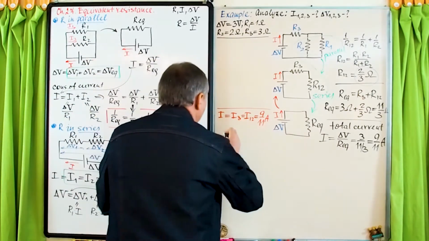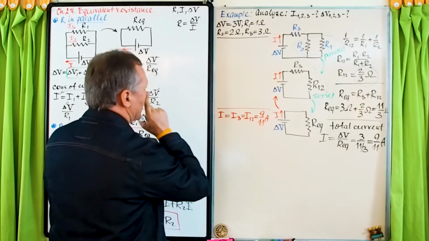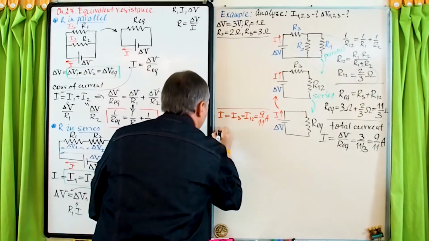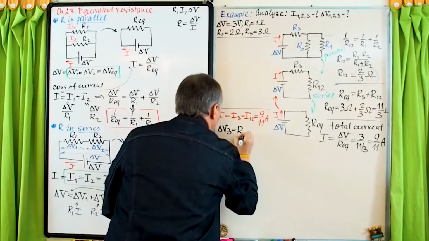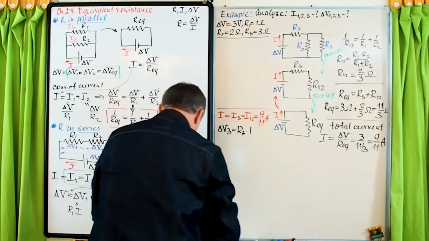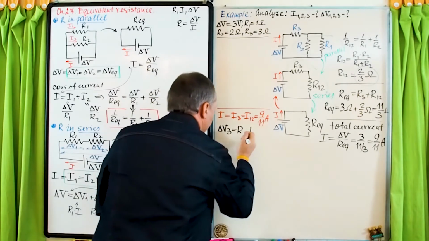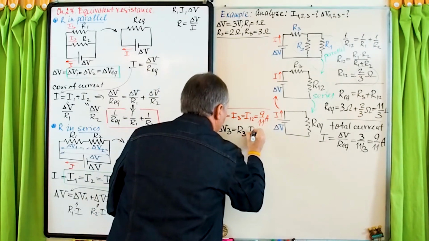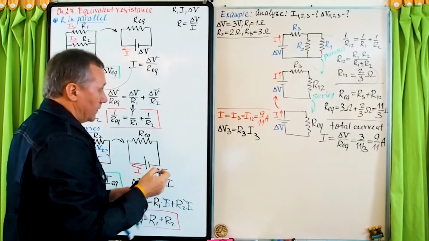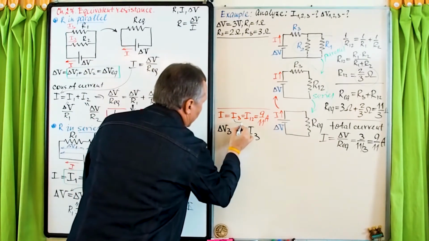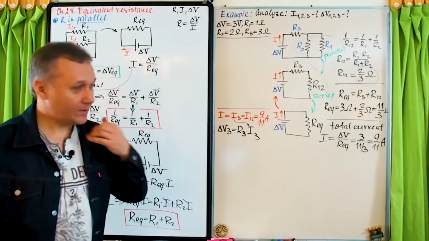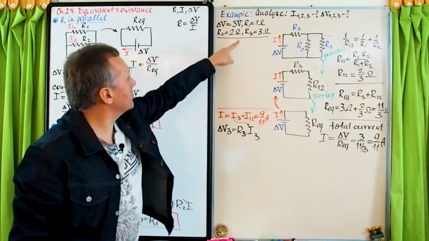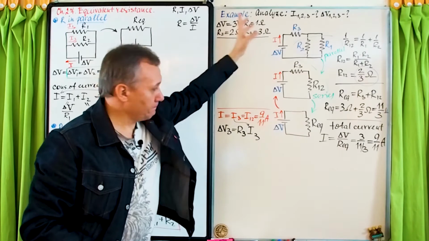We need to get delta V3. Delta V3 equals R3 times I3, and as I said, current comes from the bridge, which is 9 over 11. R3 is 3.